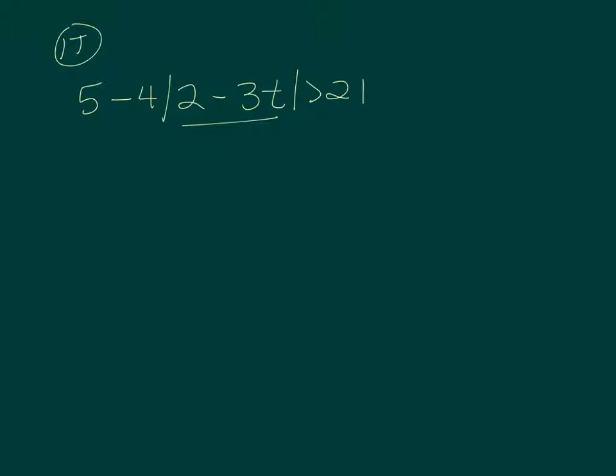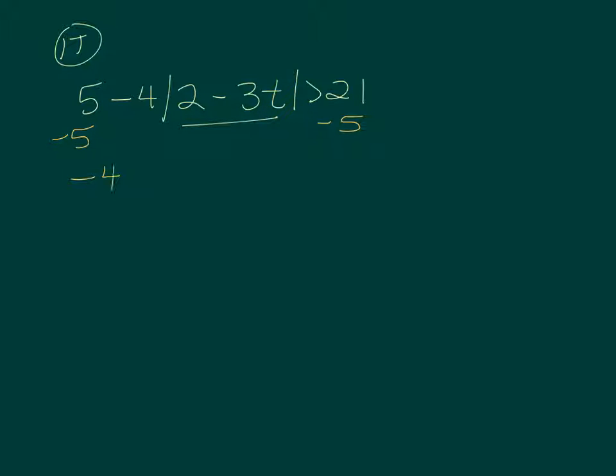I'm going to go ahead and do one more example. We'll look at number 17. It says 5 minus 4, absolute value of 2 minus 3t greater than 21. So what do you think we have to do first? Trying to get absolute value all by itself. First, let's subtract 5.